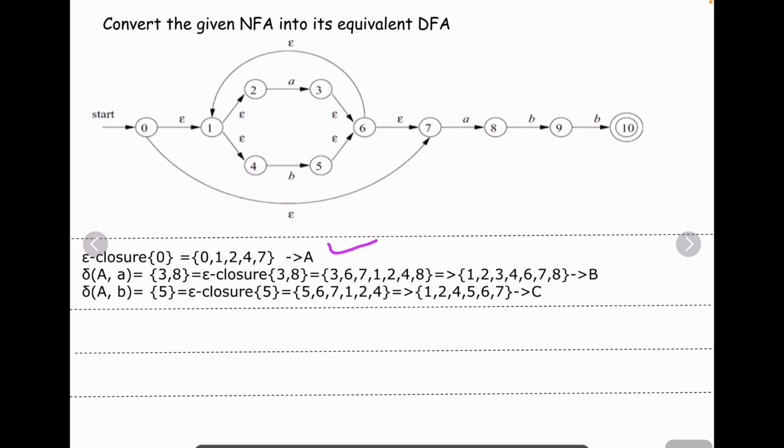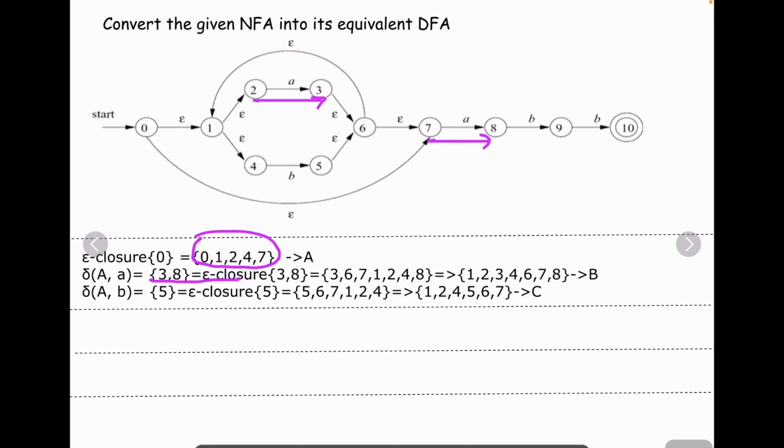For that you have to find the transitions. Delta of A comma, what are the inputs here? a and b. Delta of A comma a is nothing but where do you have the transition in this set? 2 to 3 and 7 to 8. That is the reason delta of A comma a is equal to 3 comma 8. For that again you have to find the E-closure of 3 comma 8.